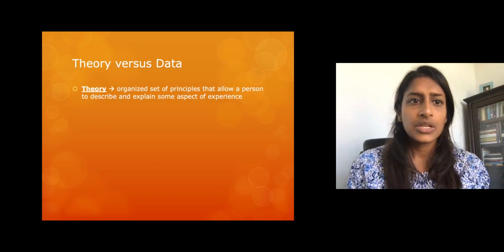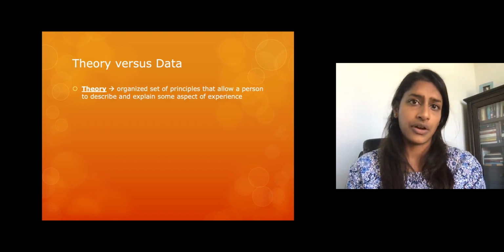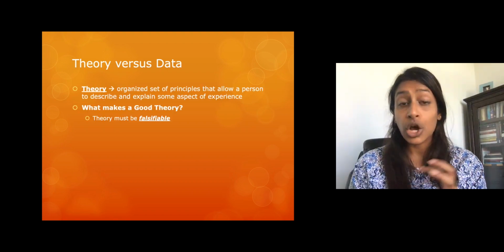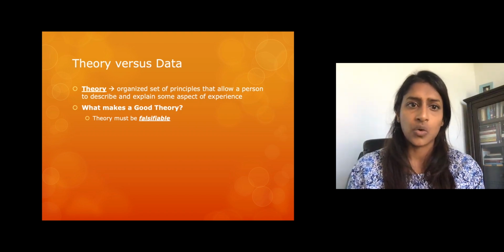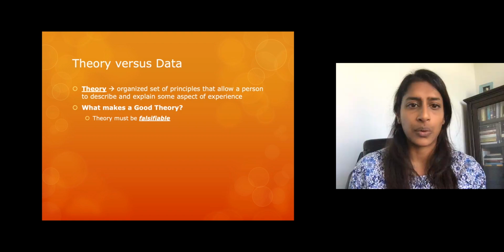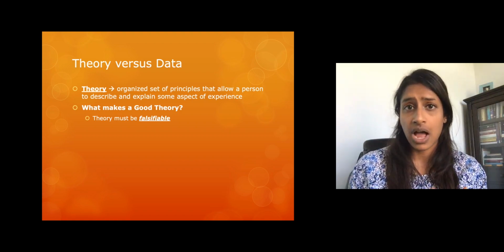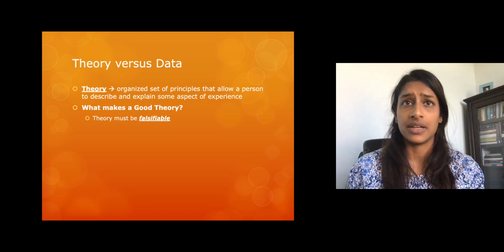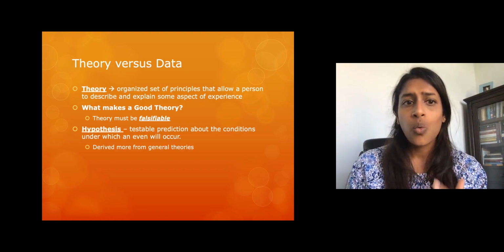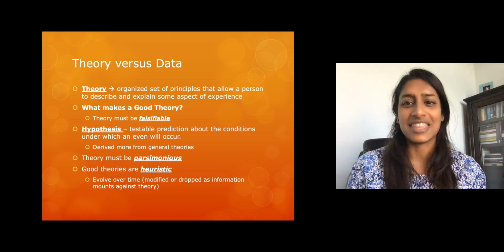Okay, so thinking about a theory versus data, sort of going back to this idea of our theory is an organized set of principles that allow a person to describe and explain some aspect of an experience. So what makes a good theory?